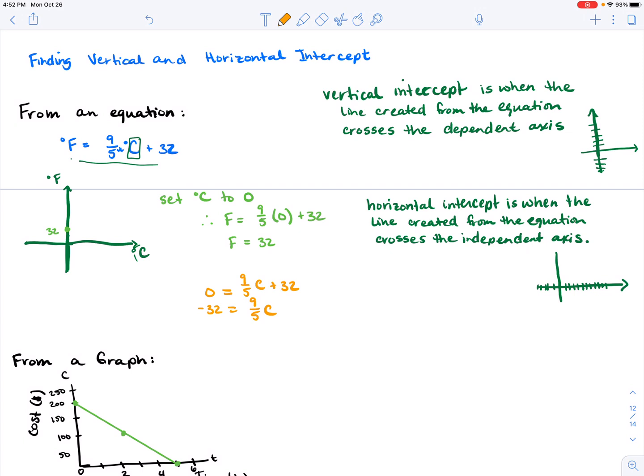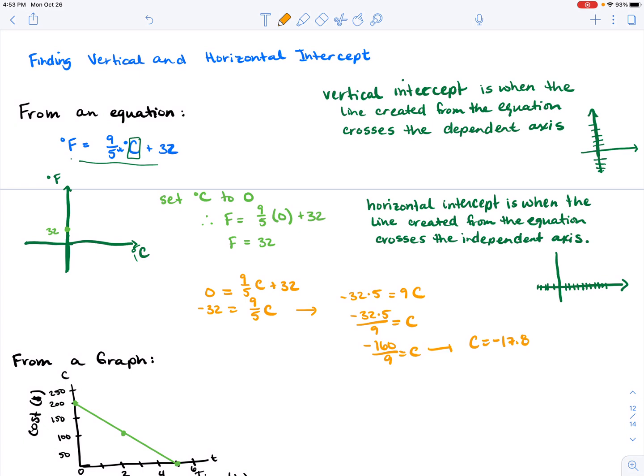So I have minus 32 times 5 equals 9C, and then minus 32 times 5 over 9 equals C. If you run this through, that equals minus 160 divided by 9 equals C, and actually C equals negative 17.8.